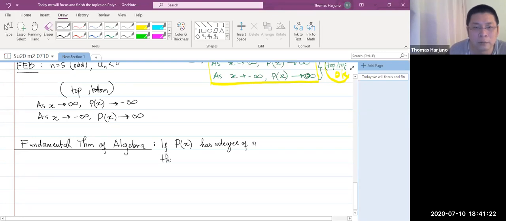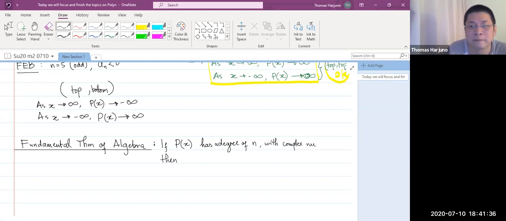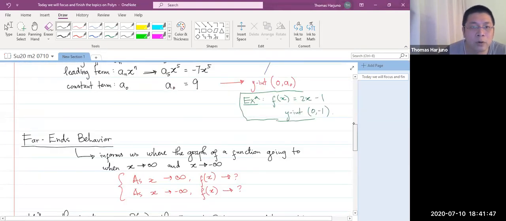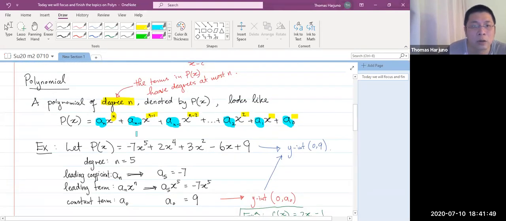then I think I should say with complex coefficients, including real numbers. Remember the coefficients of the polynomials we talked about? These are the coefficients.